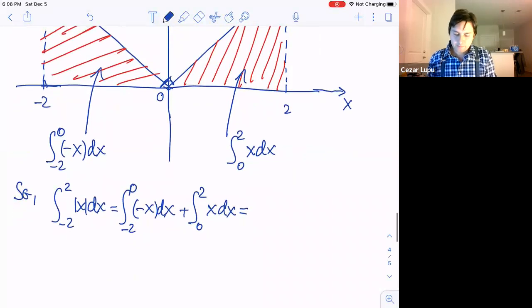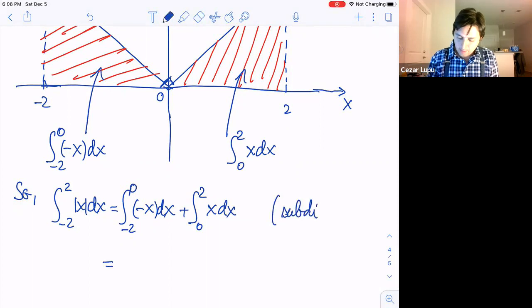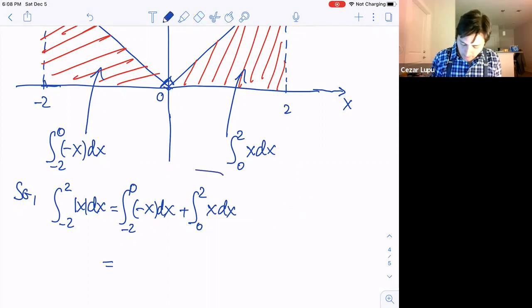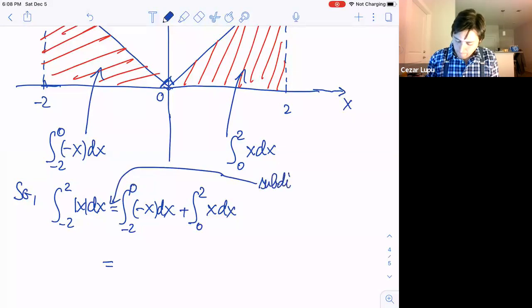This is what we call the subdivision rule we applied here. And now we can compute each integral.